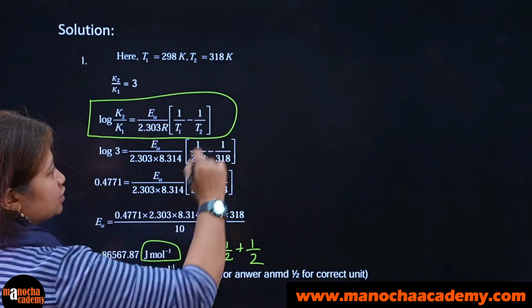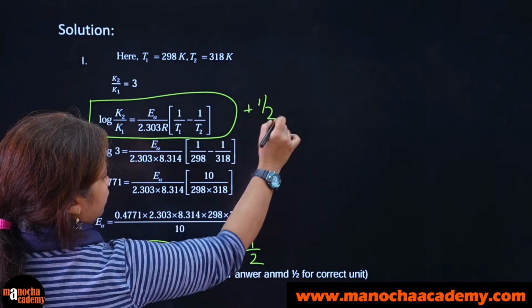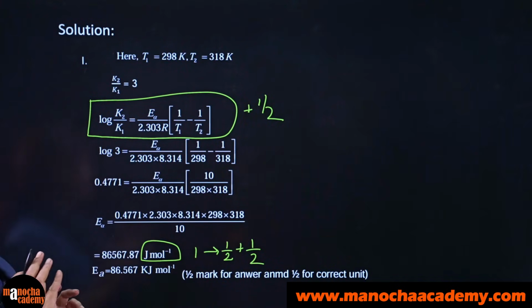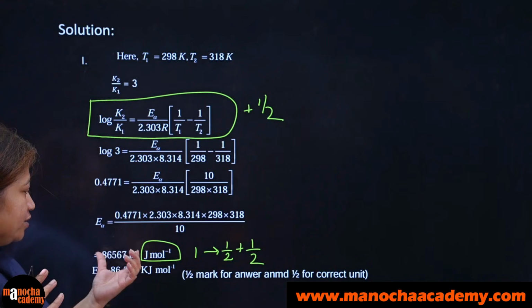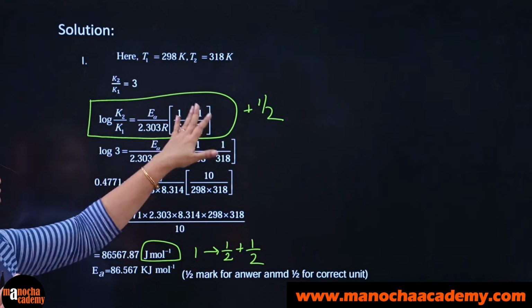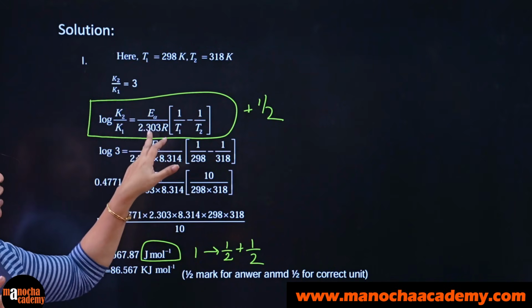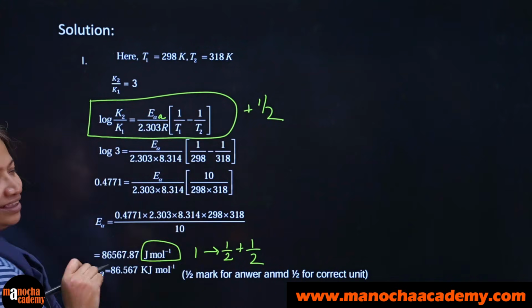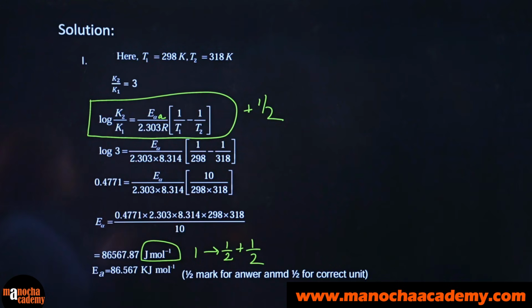So if it's a 3 marks question, 1 more half comes here, so 1.5, and the rest of the marks come from here. So don't forget to write the unit with your answer. That is very important. And this is the formula to be used. Don't forget it. It is given as E alpha, but it's not E alpha, it is Ea. Ea by 2.303 R into (T2 minus T1) by (T1 into T2).